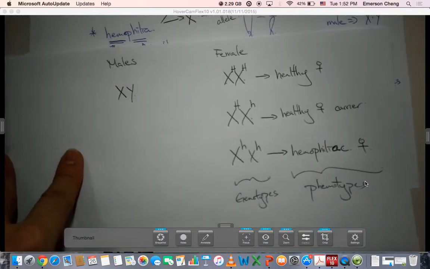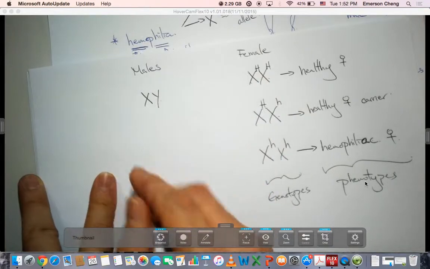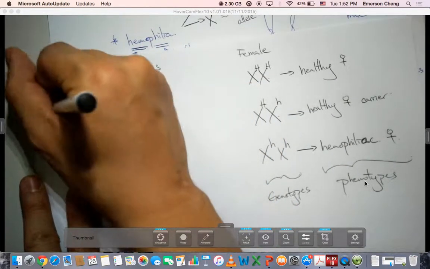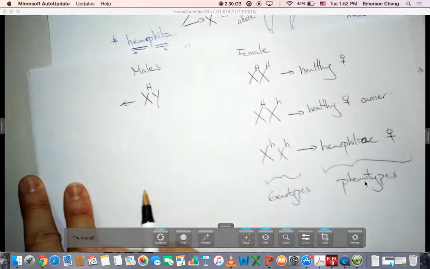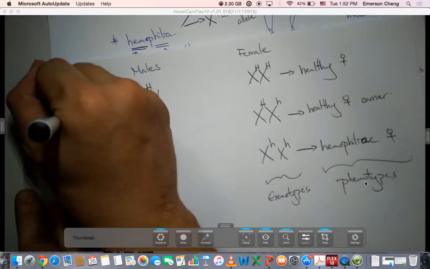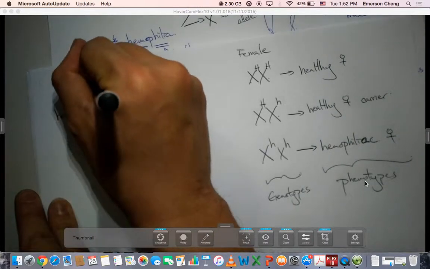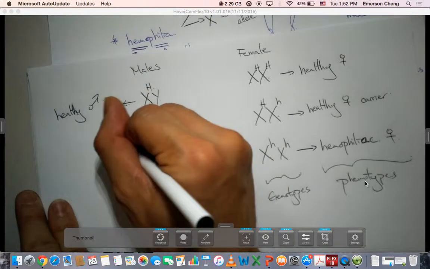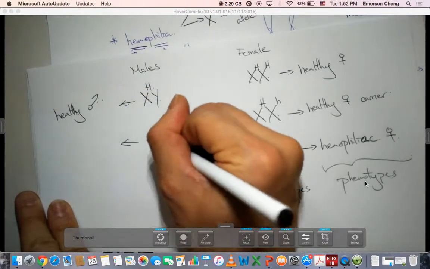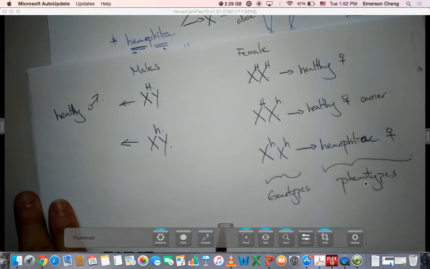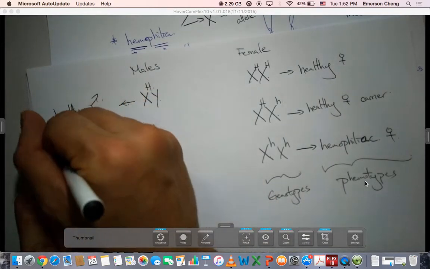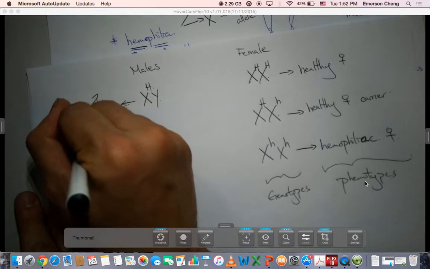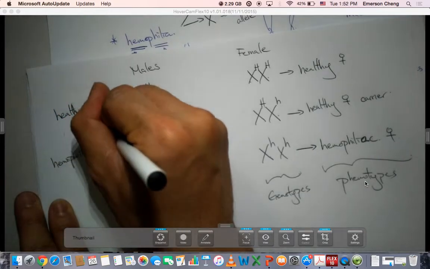For males, you don't have that many options because you only have one X. Either you have a capital H that your mom gave you, in which case you're a healthy male, or unfortunately you have one small h that your mom gave you, and then you have a hemophiliac male.